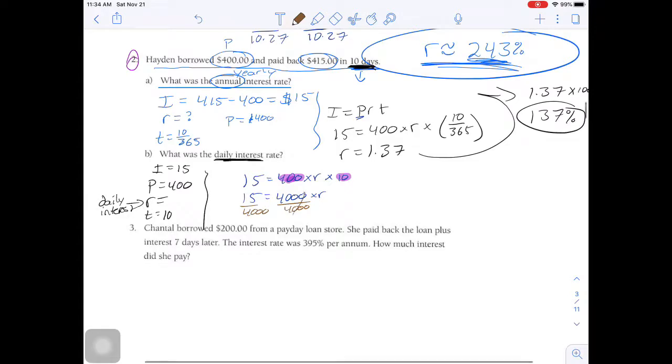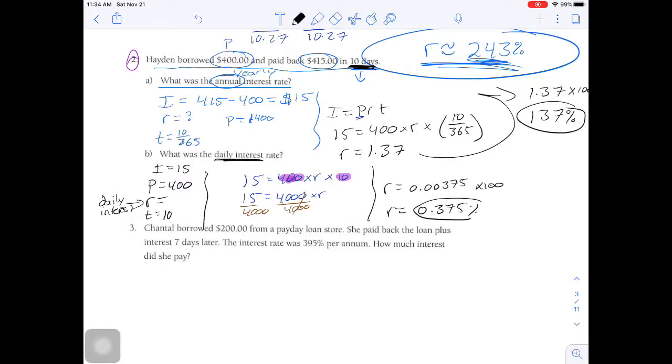So I'm going to get the daily interest rate, so it's not the same as the question above, to be 0.00375. And remember, to figure out what percentage that is, we're going to times it by 100. So 0.375%. So it looks like he's paying an additional 0.375% every day he doesn't pay.